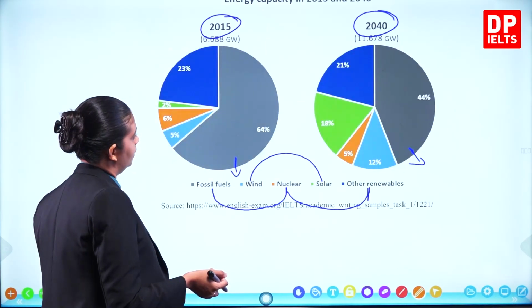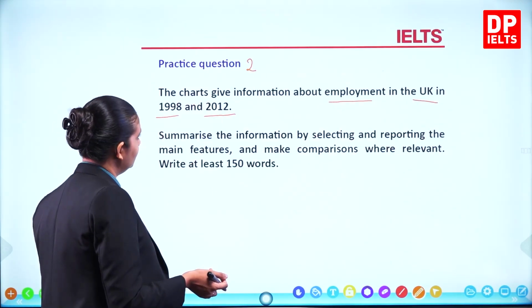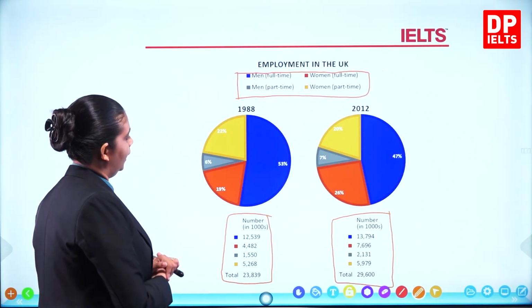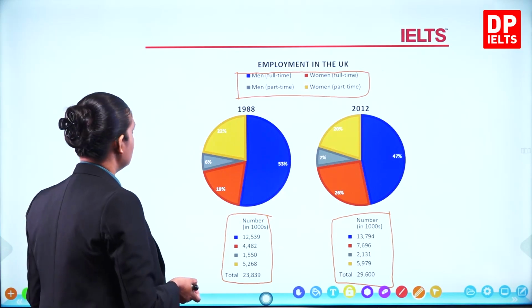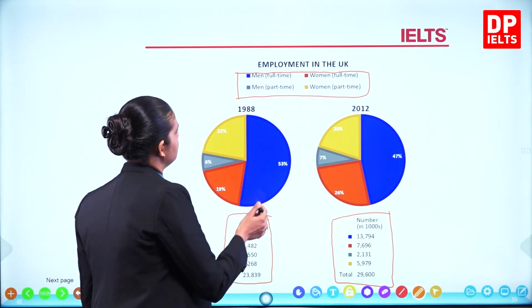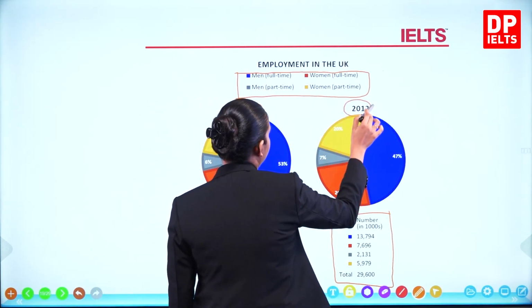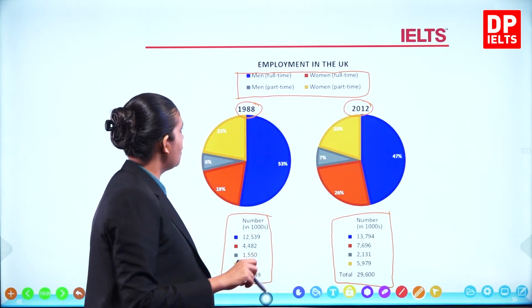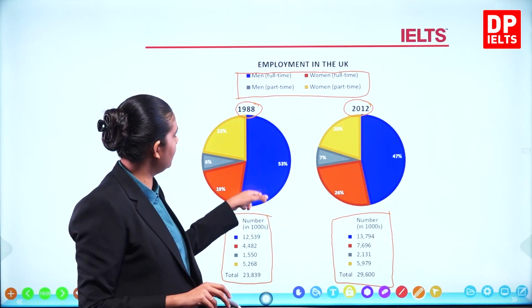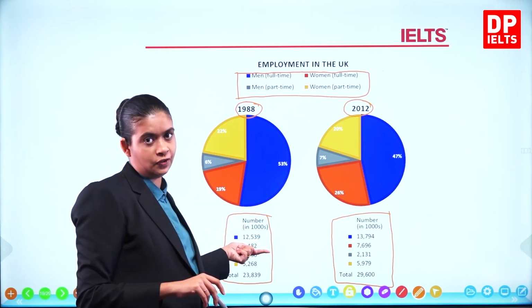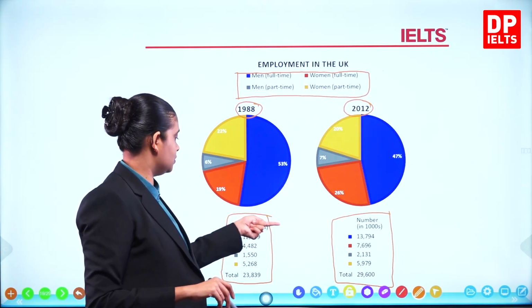Let me come back to where we were. We're in our second question, and we were talking about employment in the UK. In two different years, 1988 and 2012, you could see 53% of the men were in full-time employment, which was 12,539 in thousands.